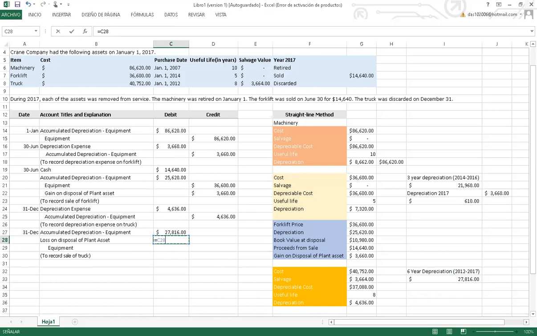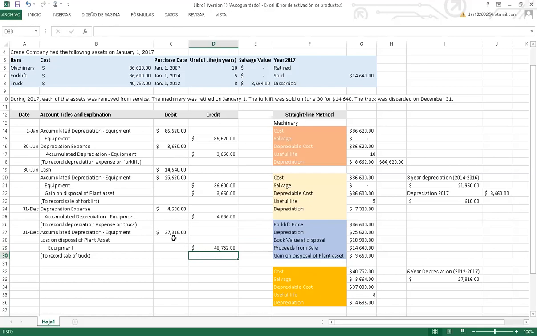And then the thing that we're going to also journalize here is the loss on disposal of plant assets and equipment. So we're going to credit equipment for the total amount of the truck that is going to be $40,752.